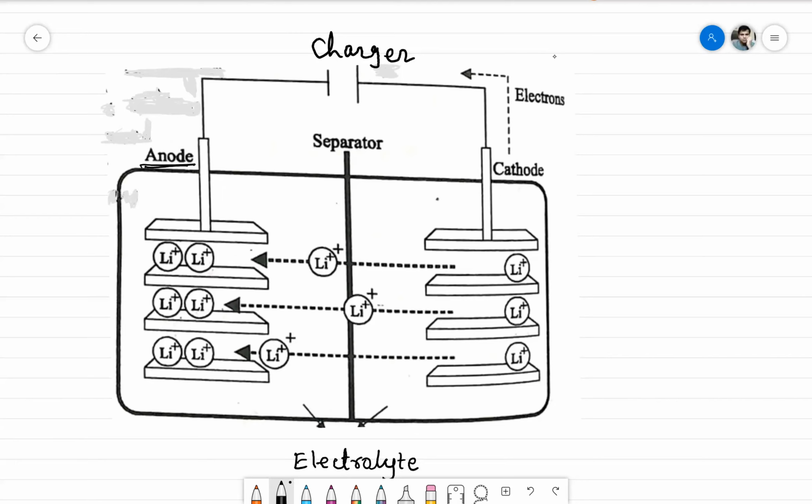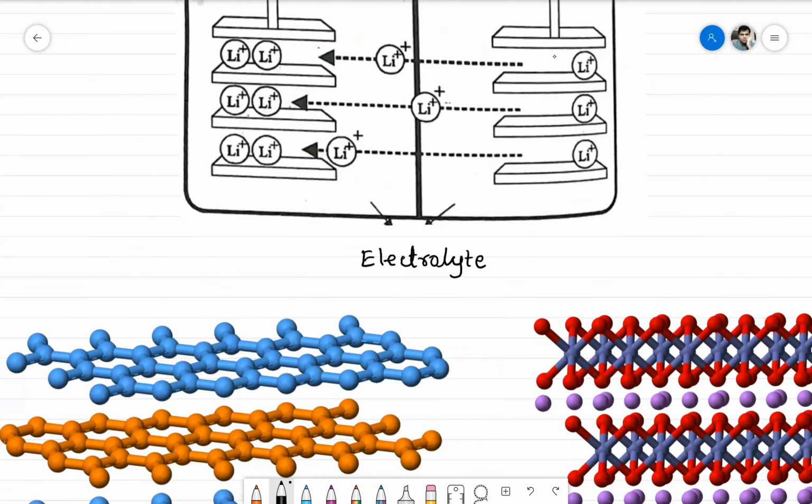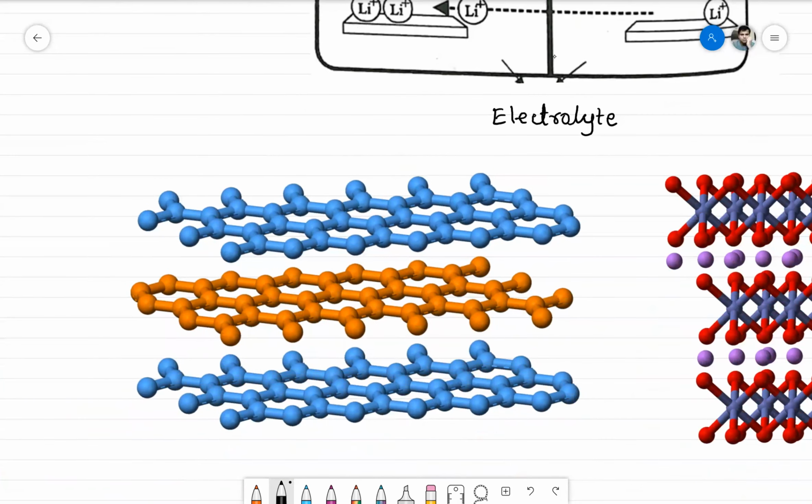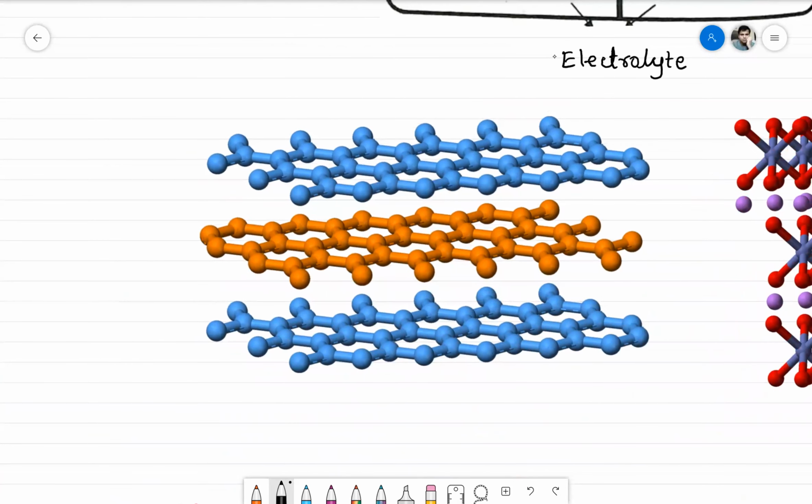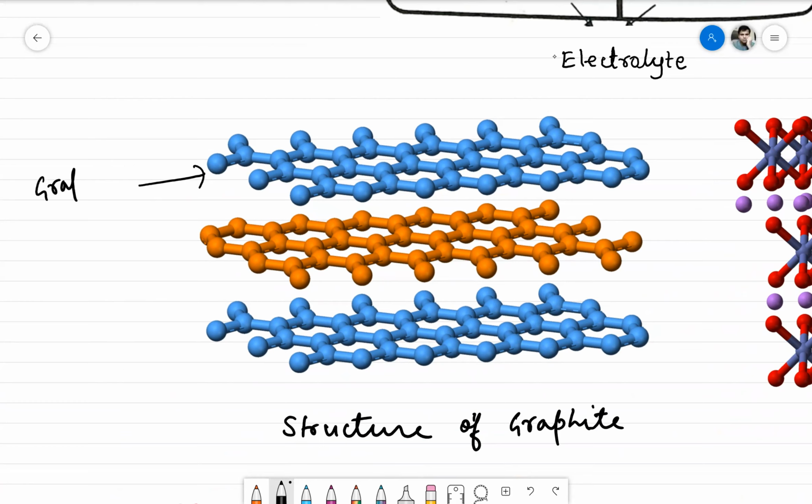Graphite is the allotrope of carbon, and it is made of layers of graphene. Each layer of carbon in the graphite is called graphene, and this graphene is made of carbon atoms arranged in a hexagonal honeycomb lattice like here.